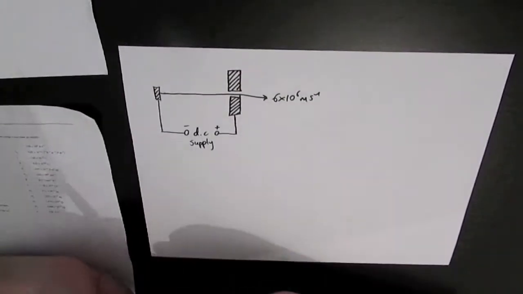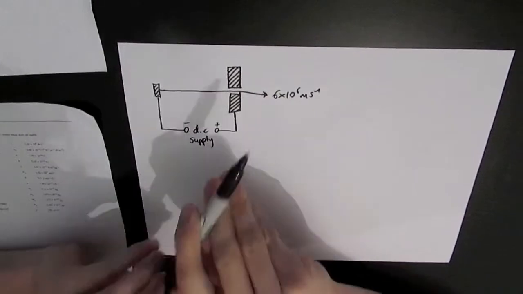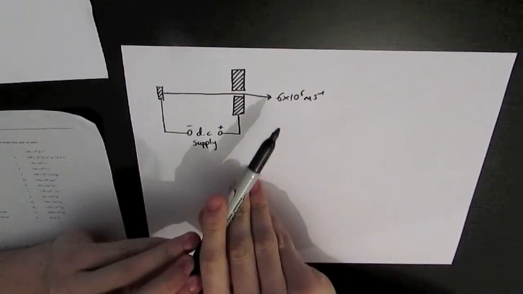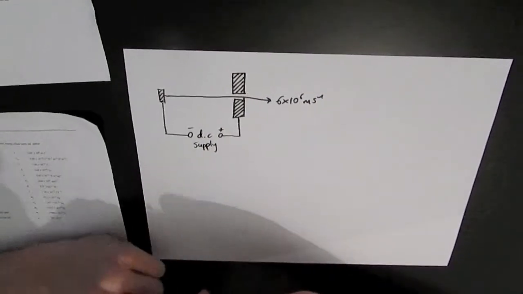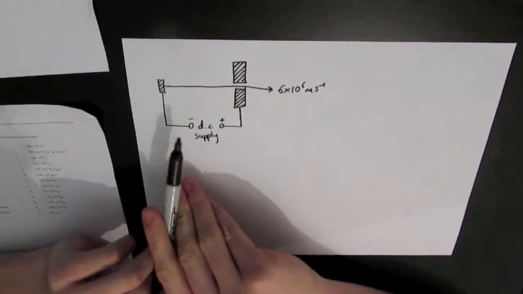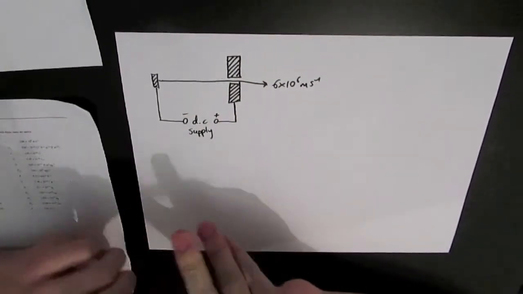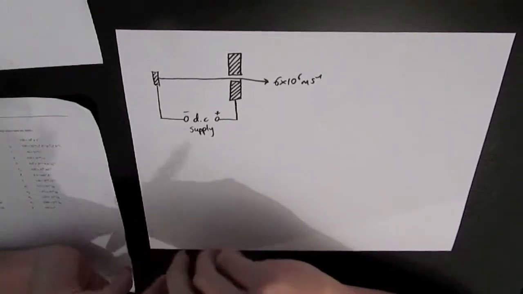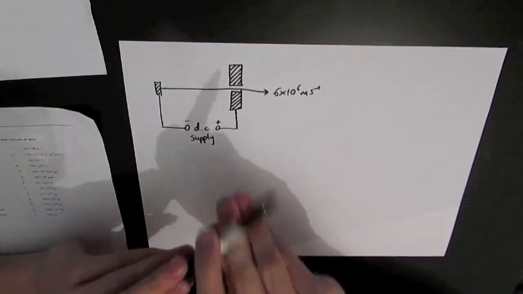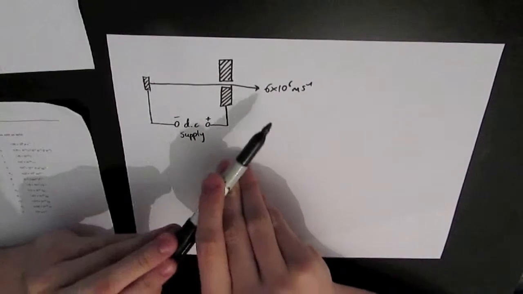For this next question, you're given that an electron is accelerated to the speed of 6 × 10^6 meters per second using an electron gun like this. You're told to calculate the potential difference supplied by this DC supply to accelerate the electron to this speed.